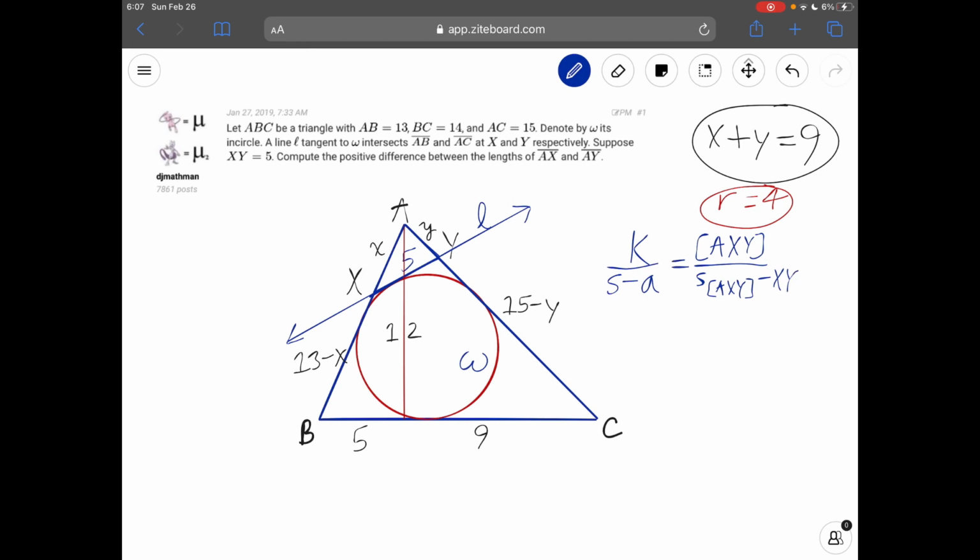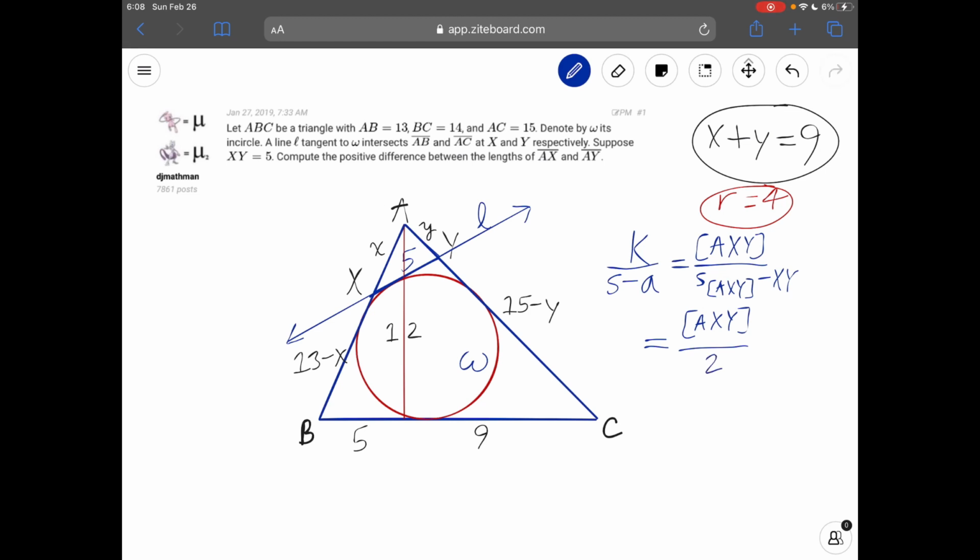which is simply the semi-perimeter of AXY minus the length XY. We can rewrite this as the area of AXY, which is unknown, divided by the semi-perimeter of AXY minus XY. We know the perimeter of AXY is x plus y plus 5, and we recall that x plus y is 9 from here, so x plus y plus 5 is 14, and half of that is 7. 7 minus XY, which is 5 from the problem statement, is 2.